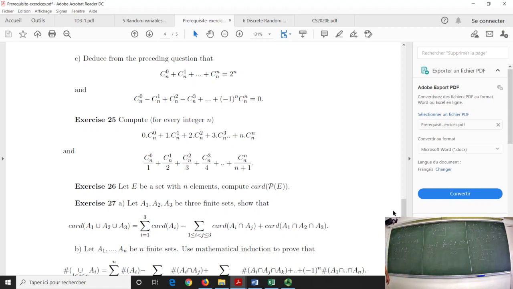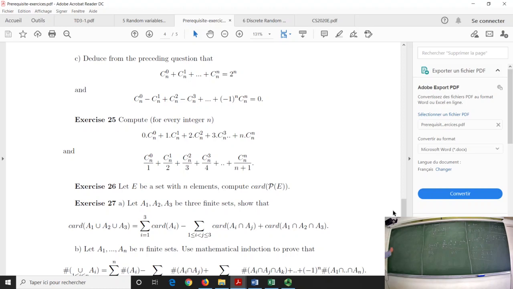So I won't do this one in detail, but do you have an idea of taking the same kind of trick for this one? If I see the second part of exercise 25, I am interested in what? Once again, we are going to express this sum using the summation notation.